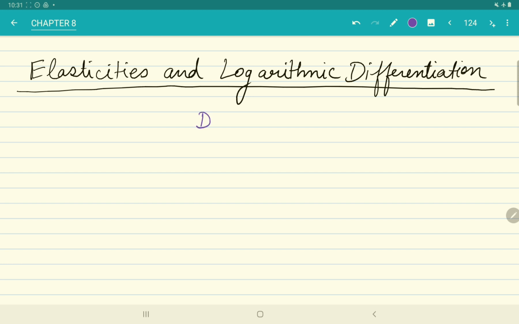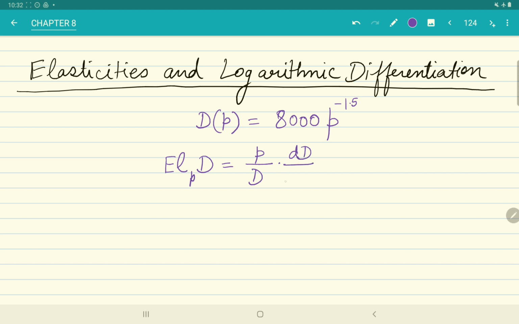We saw that if we have the demand function, D(p) = 8000 p^(-1.5), then the elasticity of demand with respect to price is p upon D multiplied by D'(p), which in this case we calculated to be -1.5.